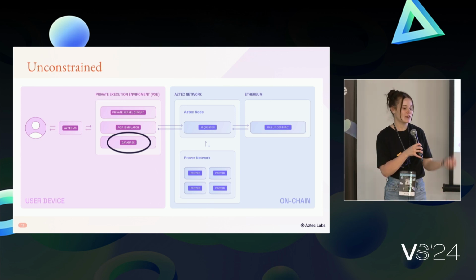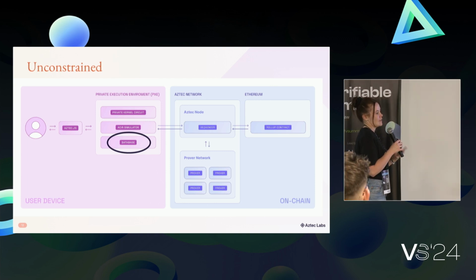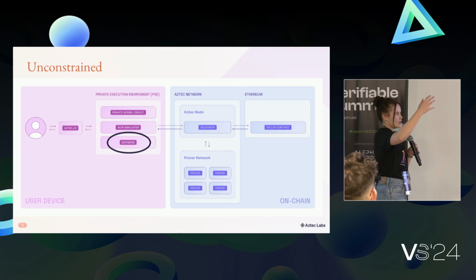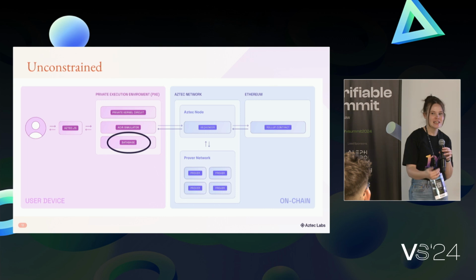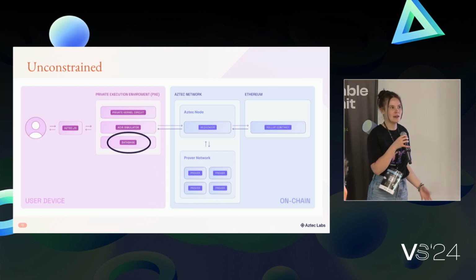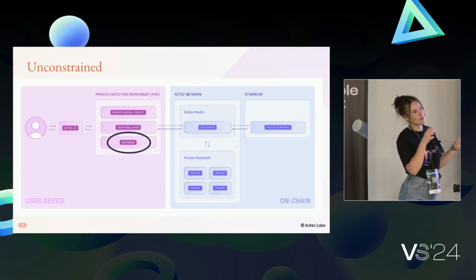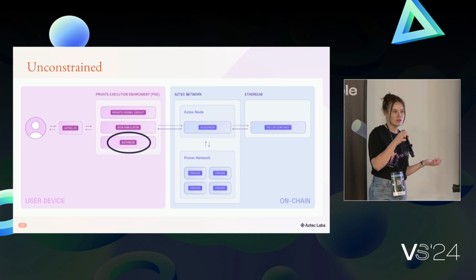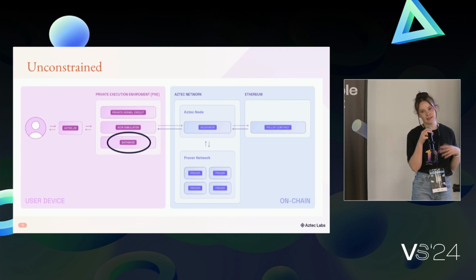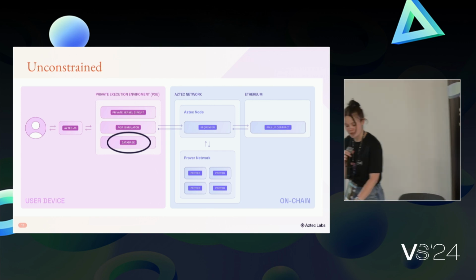Getting it from your PXE is quite interesting, because you have all of this stuff locally, and it's really difficult to constrain that, because you could just input something into this function, like I actually have 5 ETH, and you can't constrain that. So they're unconstrained functions, and you would have to work with Noir circuits if you wanted to prove that you do have 5 ETH or an NFT or something. You can write a circuit that is then provable on the Aztec network. So yes, it works with Noir circuits too.